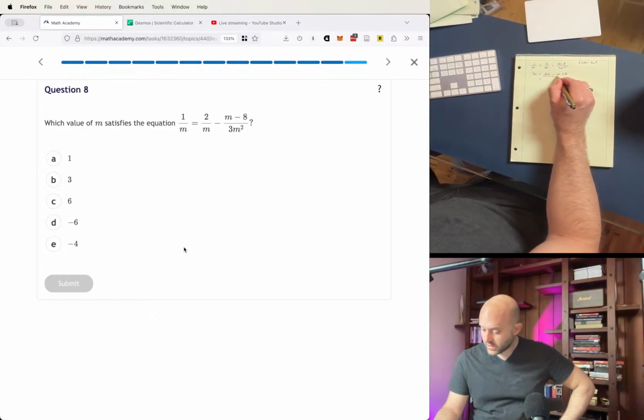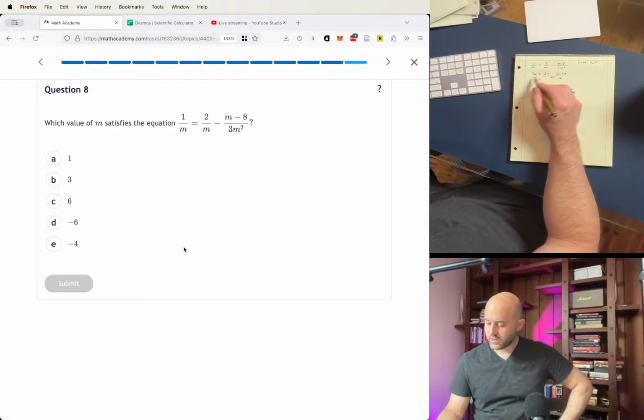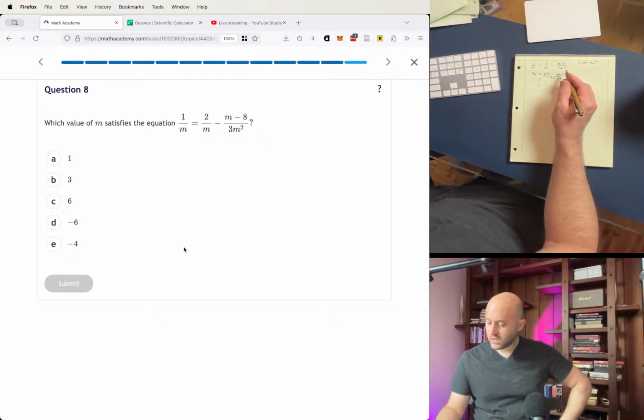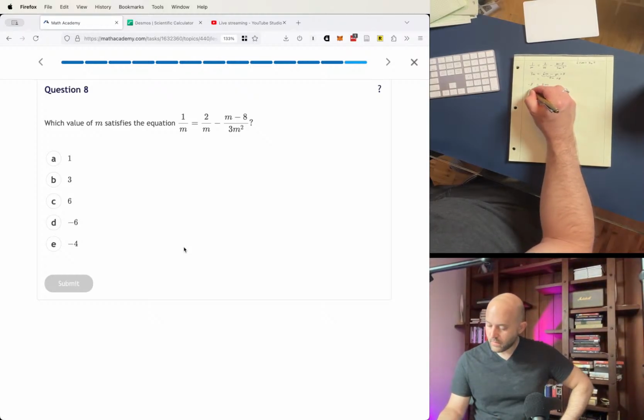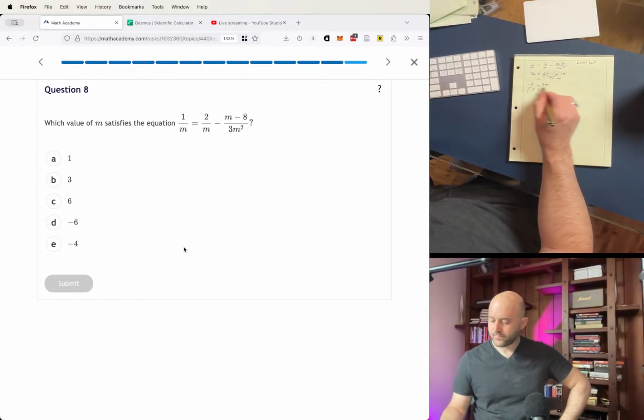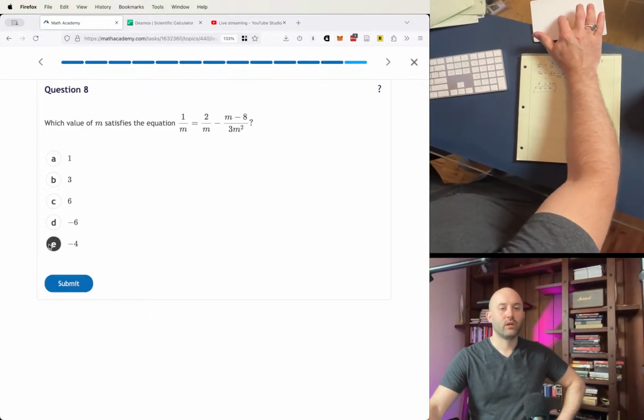Okay, so this becomes 5m plus 8, and then there's 3 over here, so the 3 off to the right, and 8 over here. So minus 8 equals 2m, m equals minus 4. It's an answer. I'm feeling lucky.